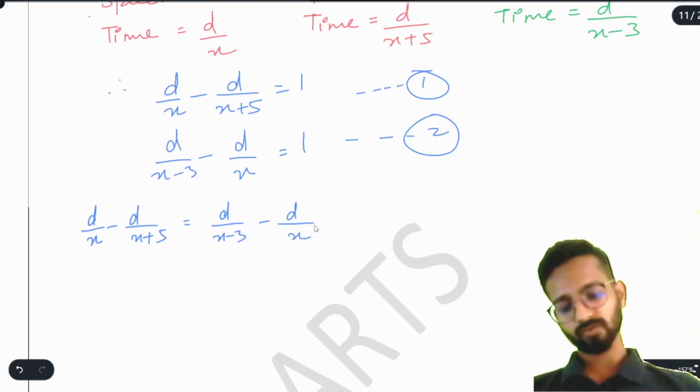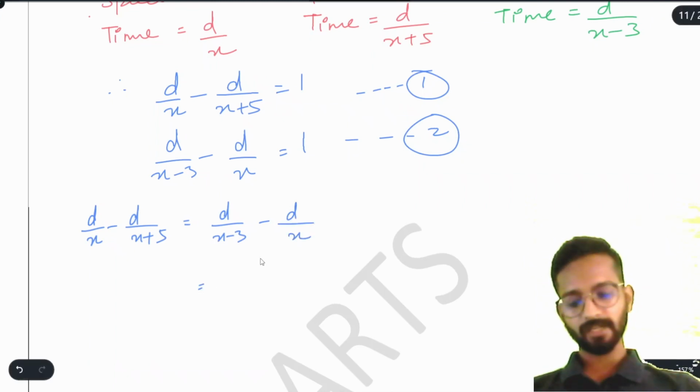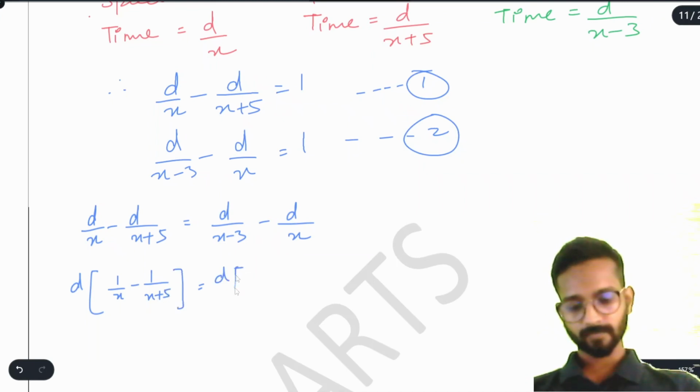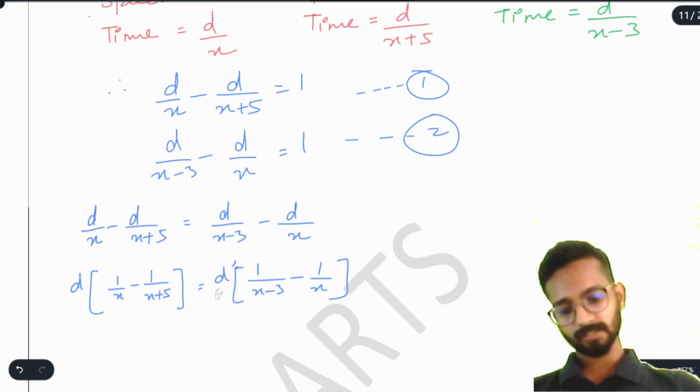Simple enough. Now solving this, you can take d common from everywhere. So taking d common, 1 by x minus 1 by x plus 5. Now you can cancel it. D cancelled.